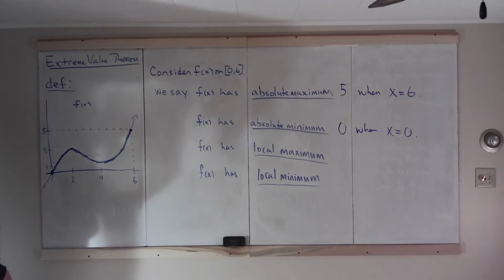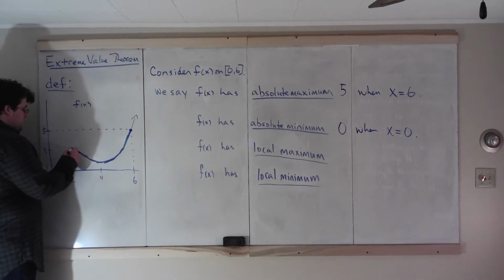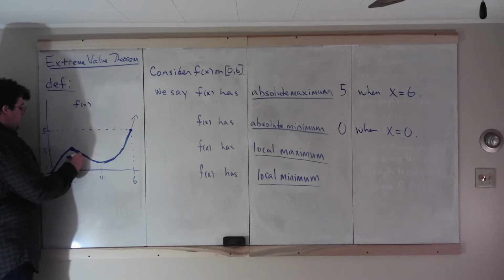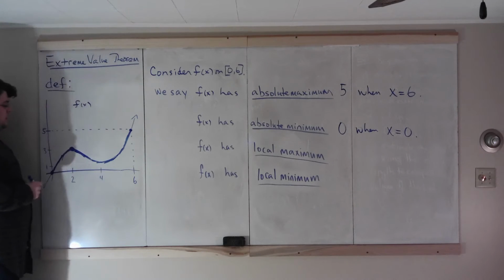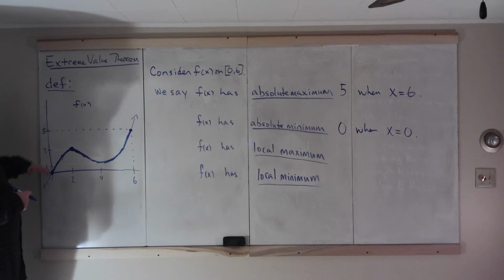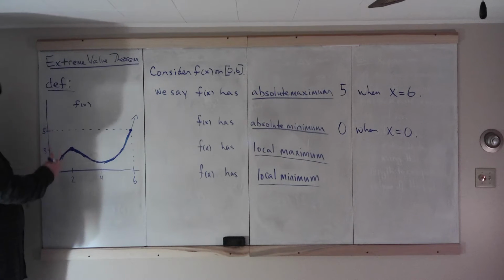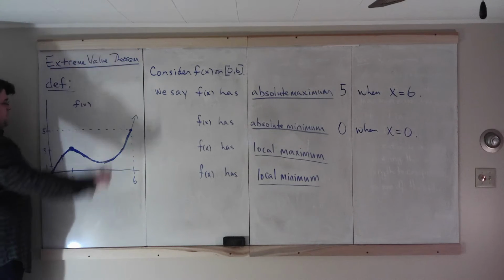But we say f has a local maximum. Well, what's a local maximum going to be? A local maximum is going to be a point like this. More on this in a moment. But for now, a local maximum is a point where the y value is higher than all other y values close to it. So up here is going to give us a local maximum. It's the top of a mound.